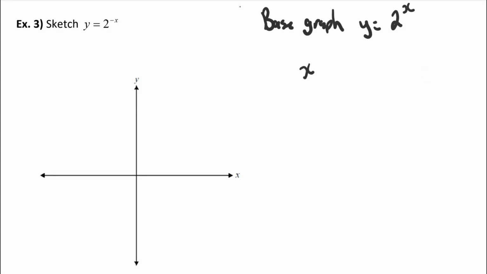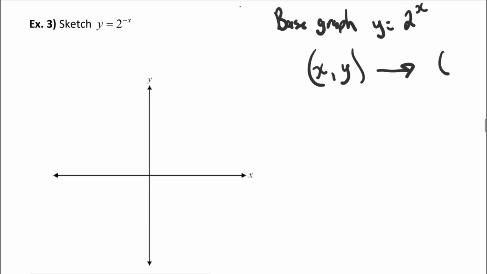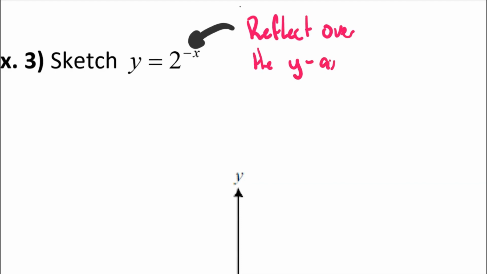So using mapping notation, as you've learned previously, because it's to the power of negative x, this means that we are going to reflect over the y-axis.